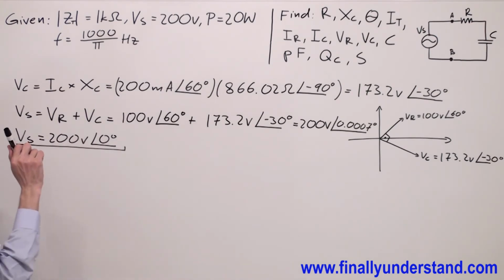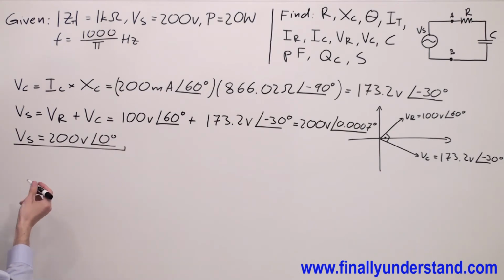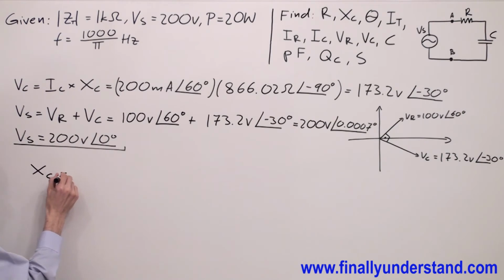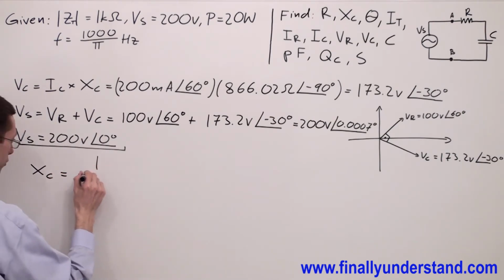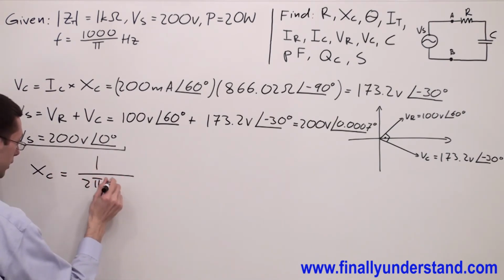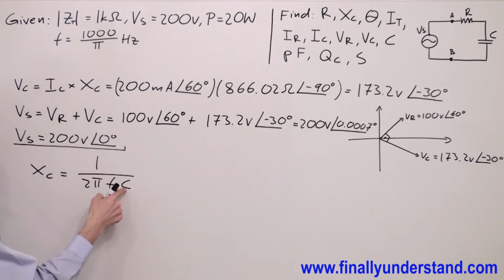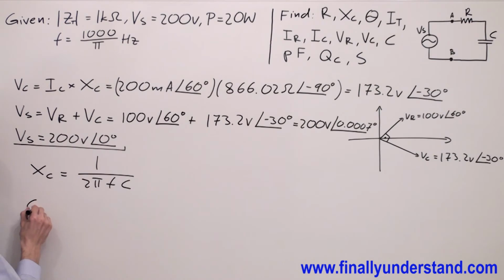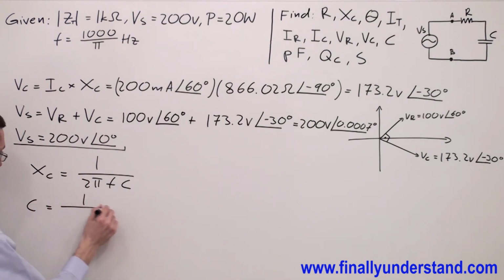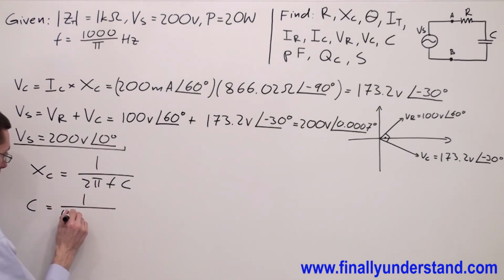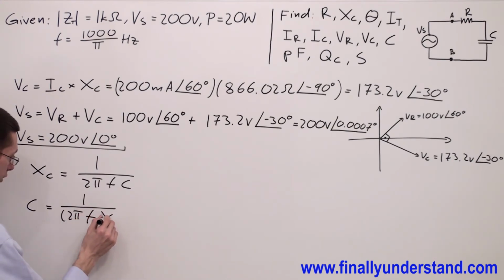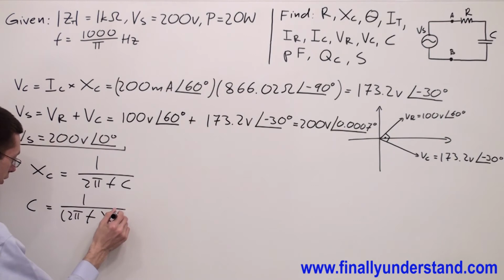Next, we're supposed to find the capacitance. In order to find the capacitance, I'm supposed to use the formula for the capacitive reactance. X of C is equal 1 over 2 pi F C. Solve this formula for C. So C is equal 1 over 2 pi F X of C. Okay, you're supposed to use the algebra.